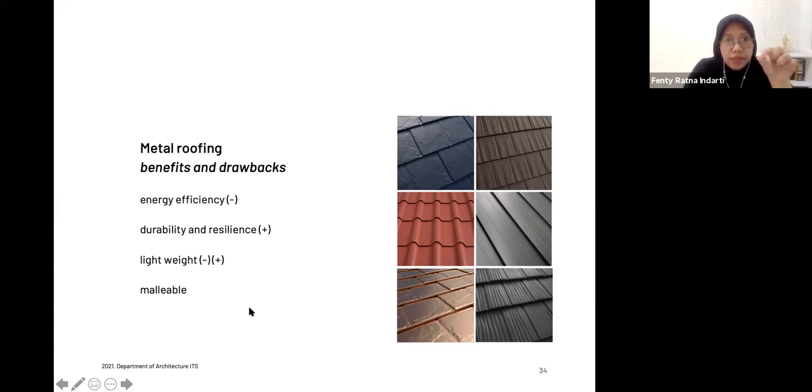Because it's thin, the heat transfer easily goes to the room, so it potentially creates overheating in the room, and I think you can experience this if your house is using this type of roof.